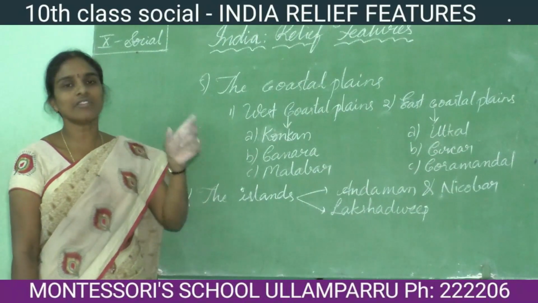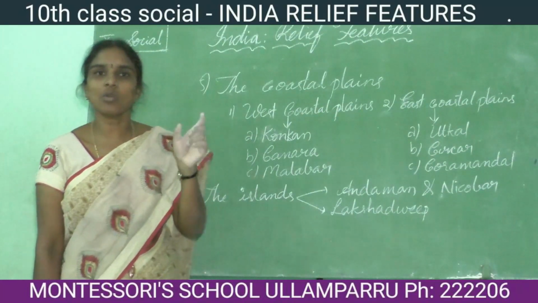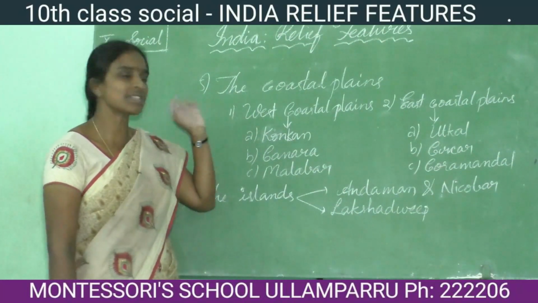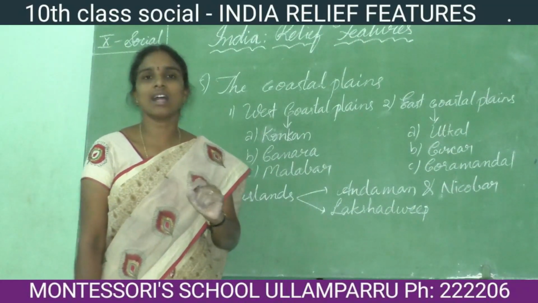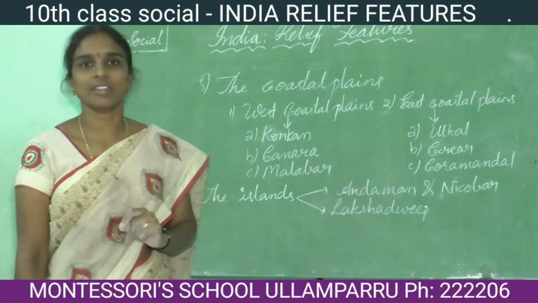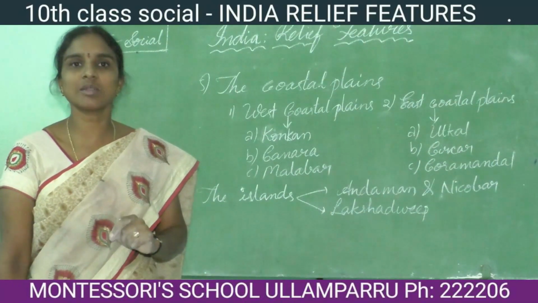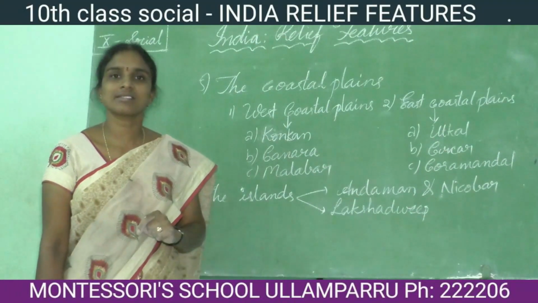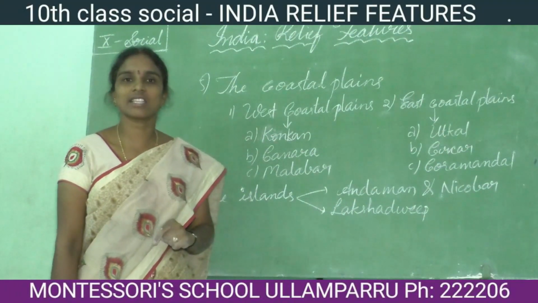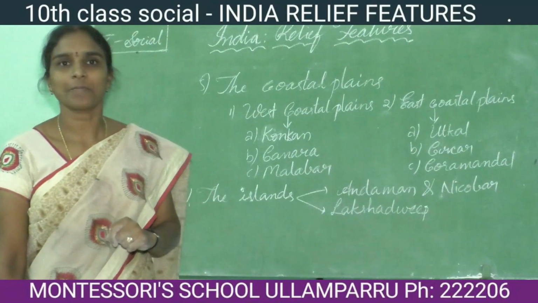Like that, if you are asked which is the southernmost tip of the Peninsular Plateau, you have to say that it is Kanyakumari. Kanyakumari is the southernmost tip of the Peninsular Plateau, whereas Indira Point is the southernmost tip of India.